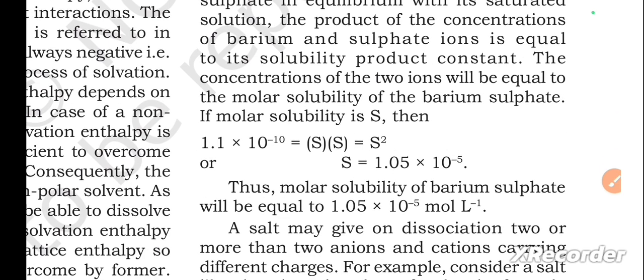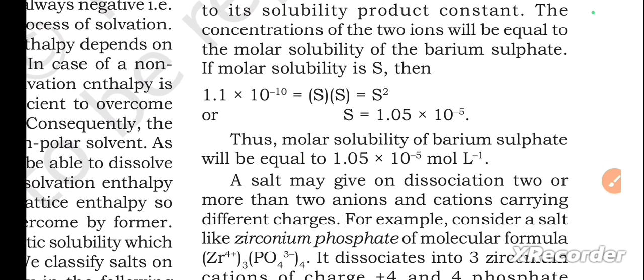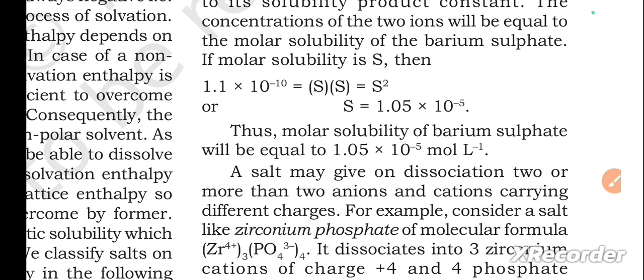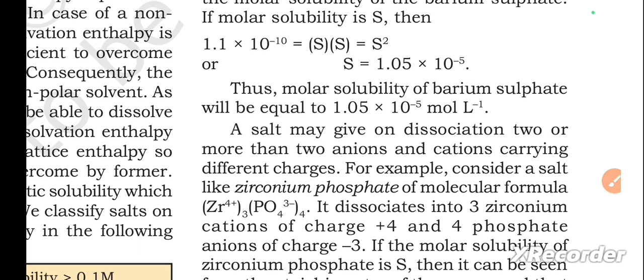The concentrations of the two ions will be equal to the molar solubility of the barium sulfate. If molar solubility is S, then 1.1 × 10^-10 equals S squared, so S equals 1.05 × 10^-5. Thus, molar solubility of barium sulfate will be equal to 1.05 × 10^-5 moles per liter.